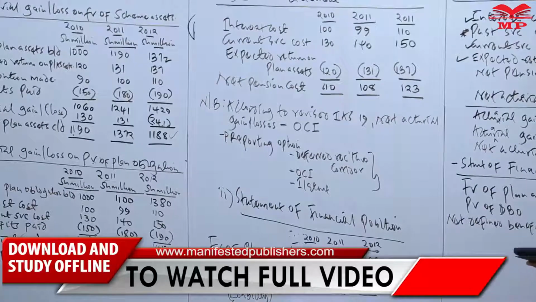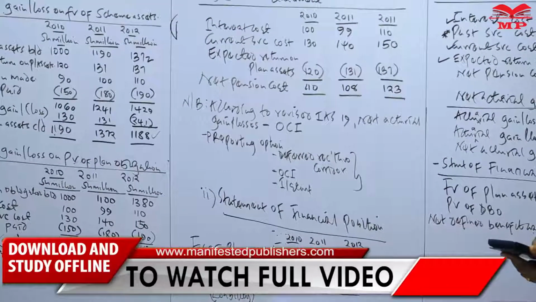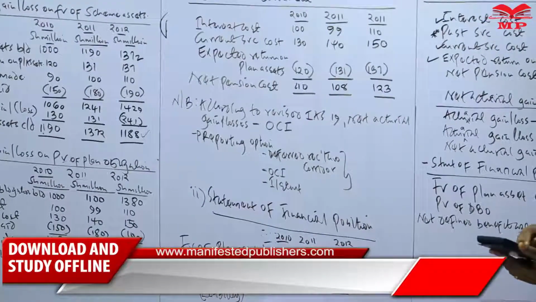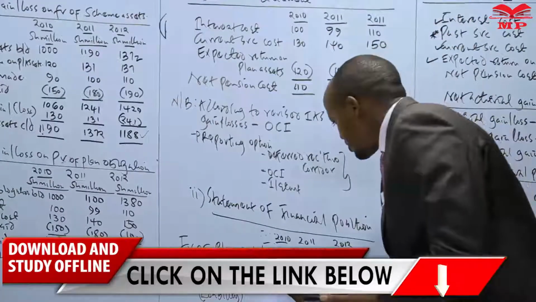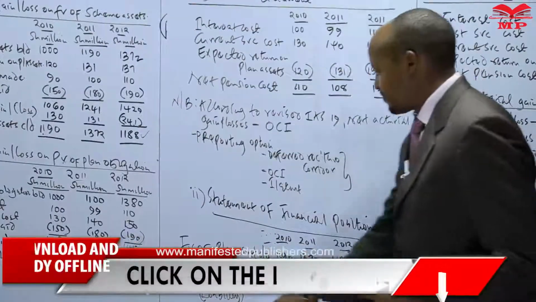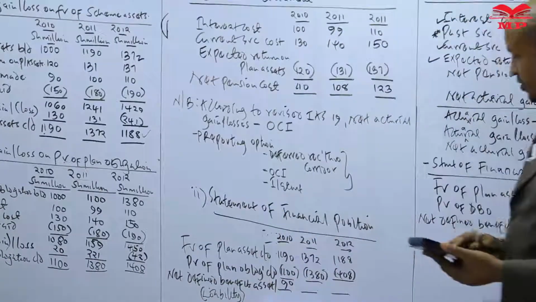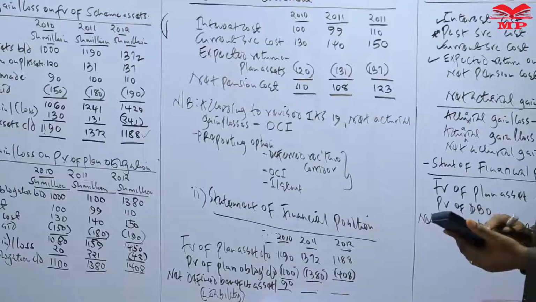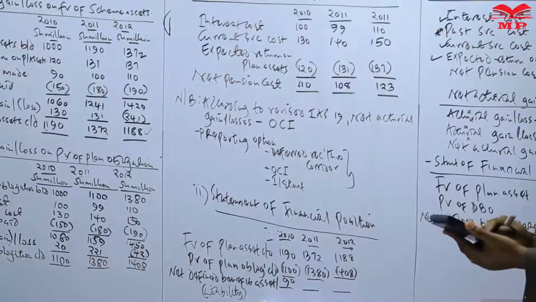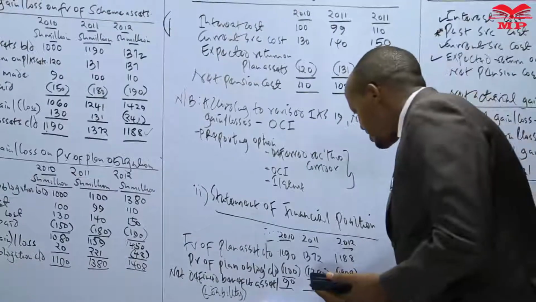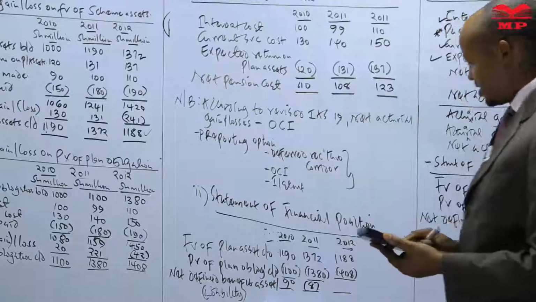An asset. So in the first year, we take 1190 minus 1100. In that case, we get a positive 90, meaning that it is a net defined benefit asset. Then in the year 2011, we have 1372 minus 1380, and in that case we get negative 8, meaning that it is a net defined benefit liability.